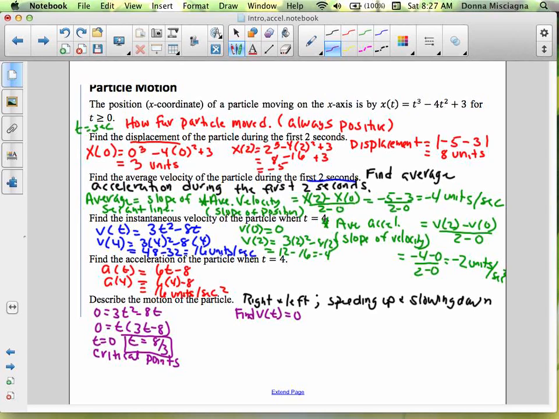To determine speeding up and slowing down, we're going to have to find when a of t equals 0 and compare the sign for v of t and a of t on either side of critical points.